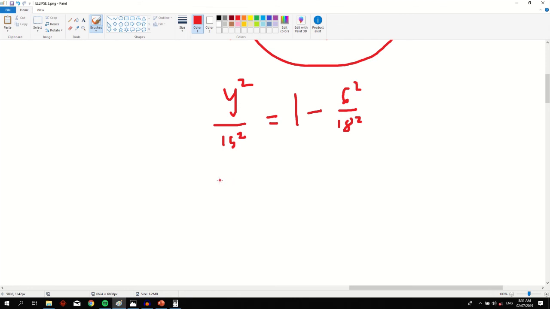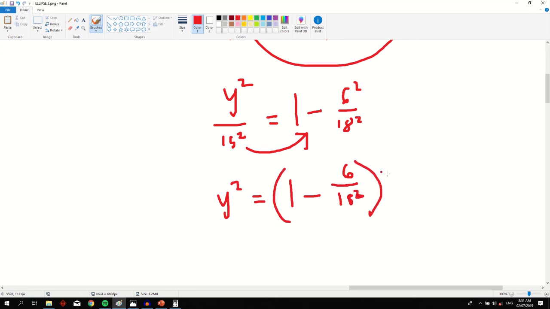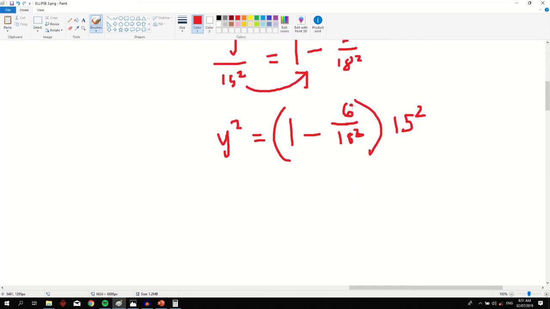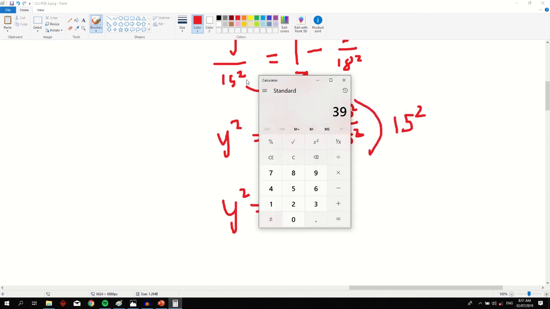Transpose it there. No, not transpose, but multiply it, so it will be cancelled. So 1 minus 6 squared over 18 squared times 15 squared. Okay, squared, don't forget the squares. So y squared is equal to 1 minus, what's this?